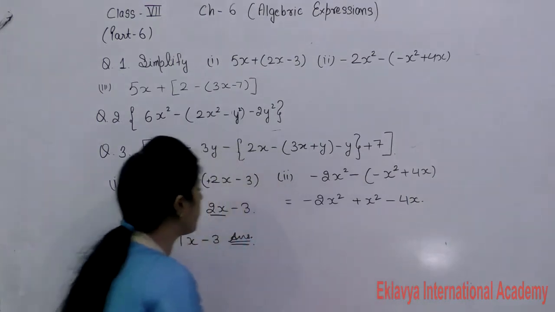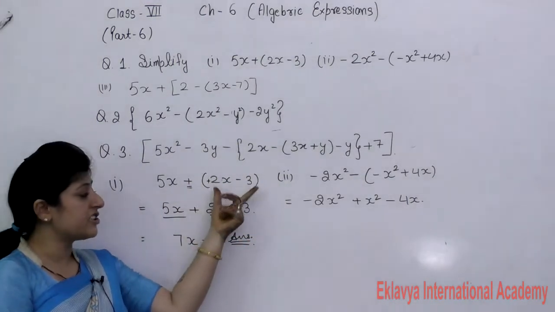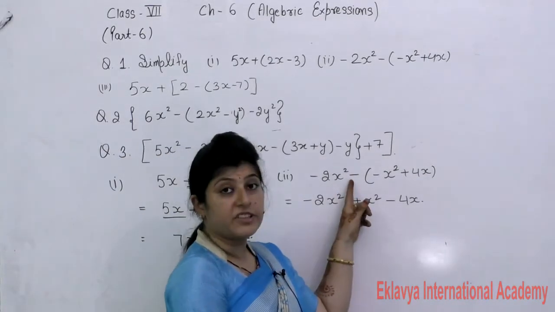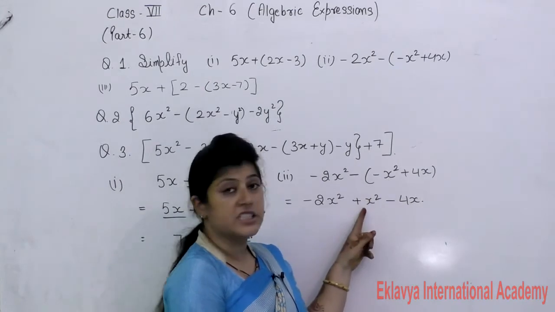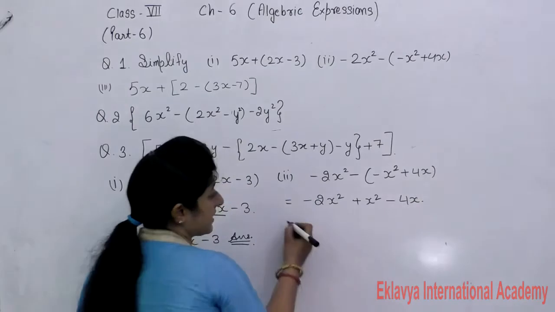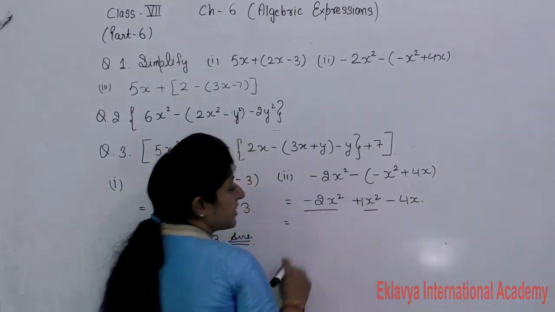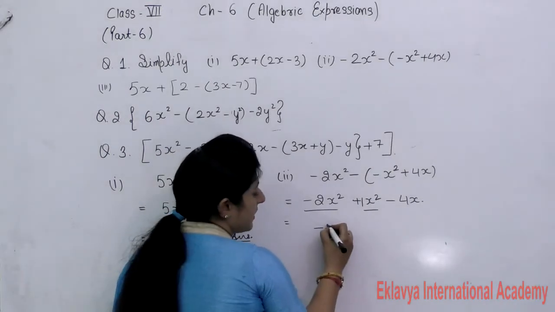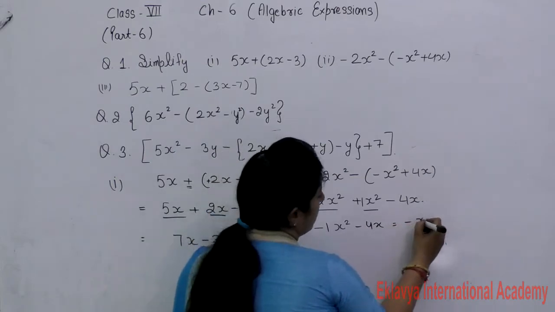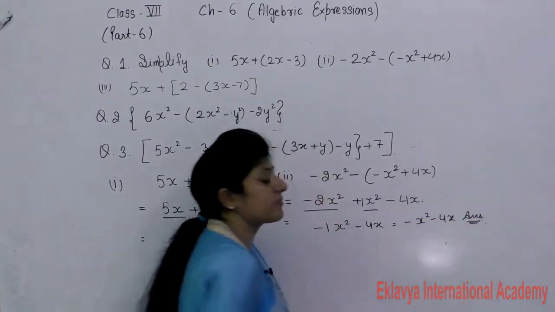So if you see properly, when you have a positive sign in the bracket, nothing changes, we directly write it down. But whenever we have a negative sign, we change the sign. This minus x square changes into plus, plus 4x changes into minus 4x. Now solve it. Minus 2x square plus x square, it means 1. Minus 2 plus 1, minus 1 x square, minus 4x, or you can write minus x square minus 4x, is our answer.